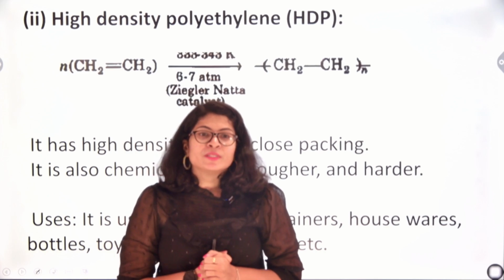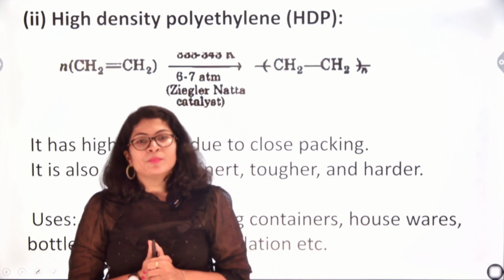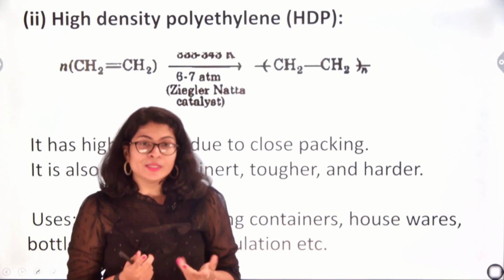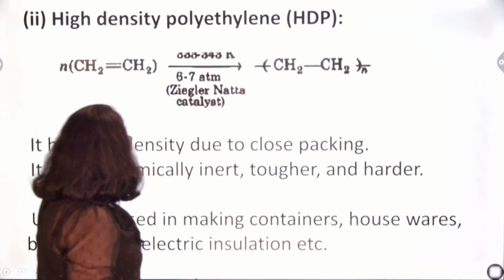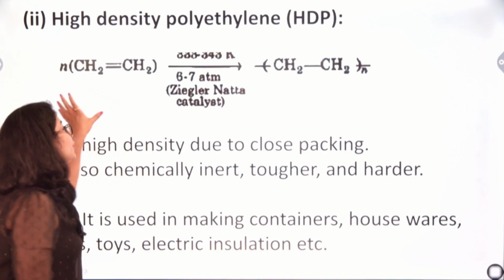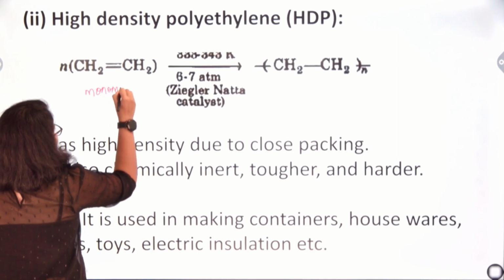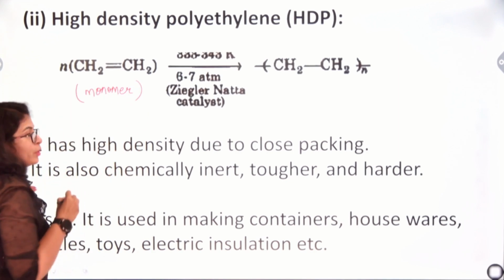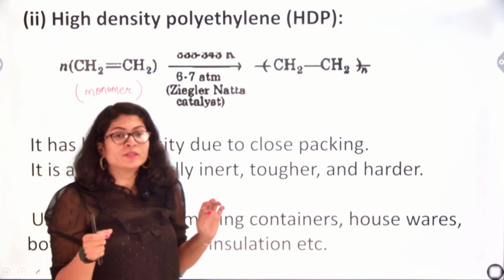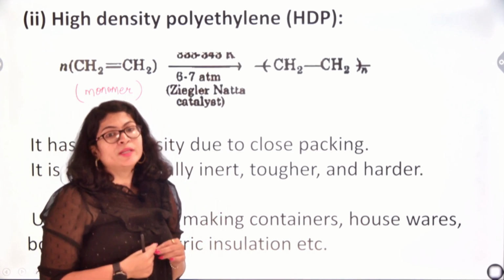Okay. So, if we see the preparation and properties, we know obviously high density polyethylene is a polymer of ethene only. So, here we have taken n number of ethene molecules. This is the monomeric unit. This is the monomer. Monomer means the smallest part, the smallest unit of the polymeric chain.